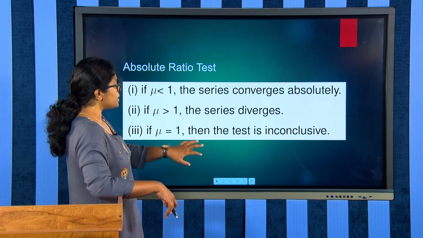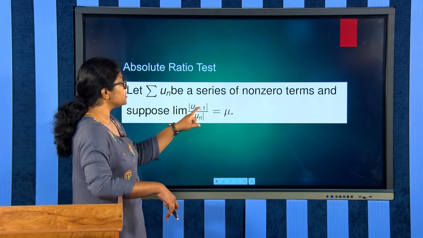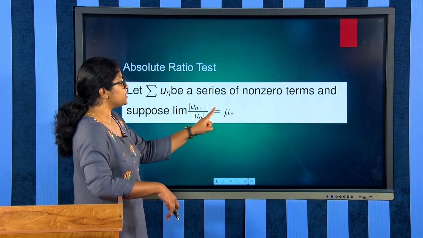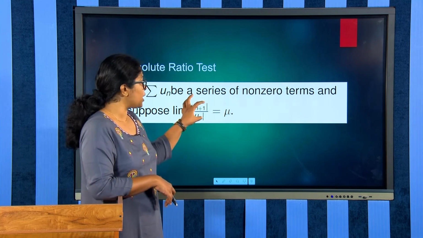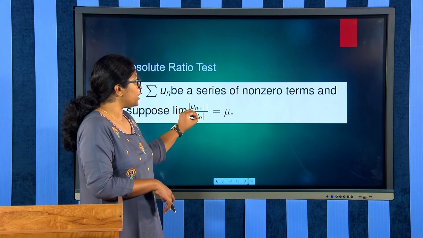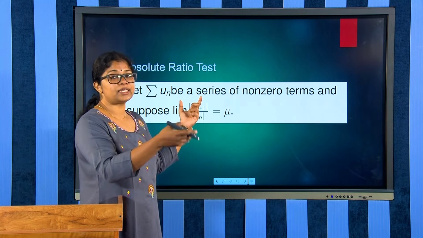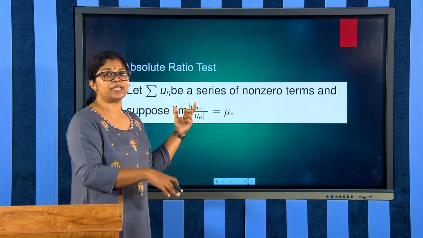If mu is less than 1, what happens? If mu is less than 1 means Un plus 1 is less than Un. This ratio is less than 1 means as n tends to infinity, what is happening to the succeeding terms? The succeeding terms are lesser than the preceding ones.